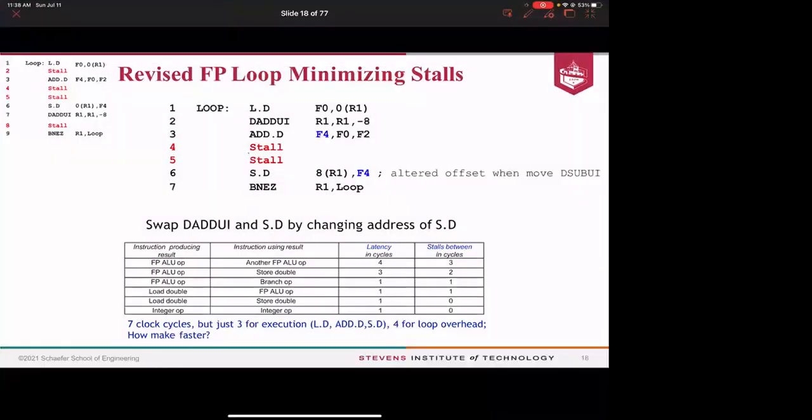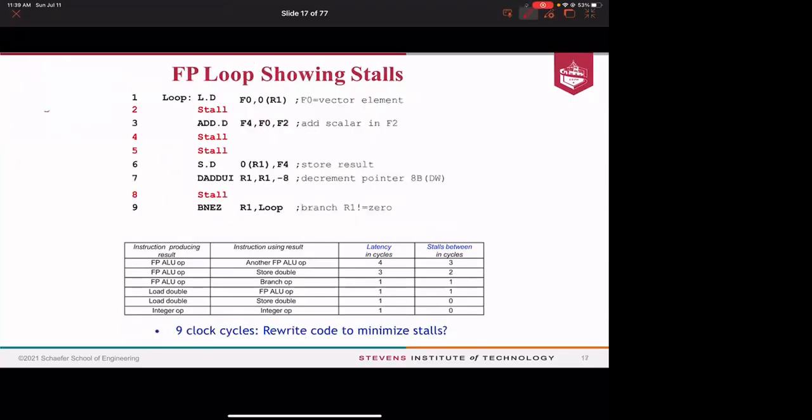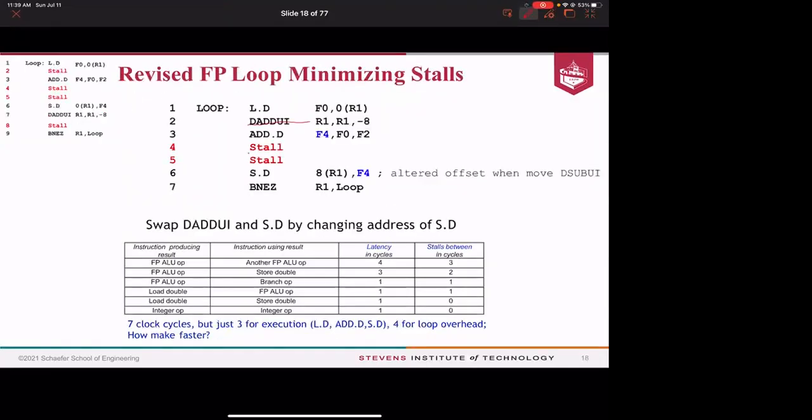So finally, we finished minimizing the stalls by moving the subtraction. See here? I made a little bit of adjustment so we have context. This is the prior slide, and we move this one to here. This is where we move it.